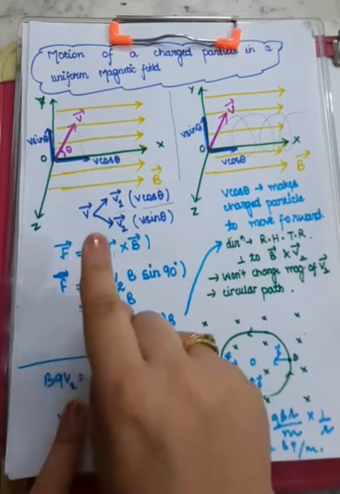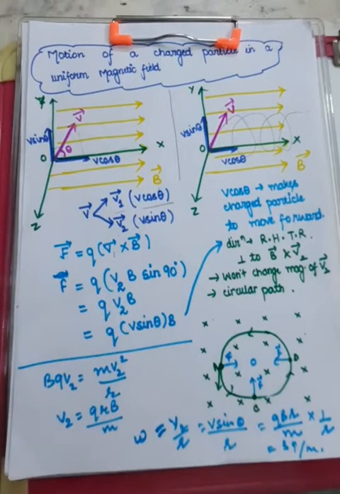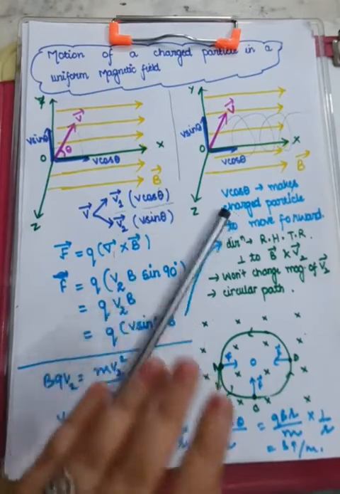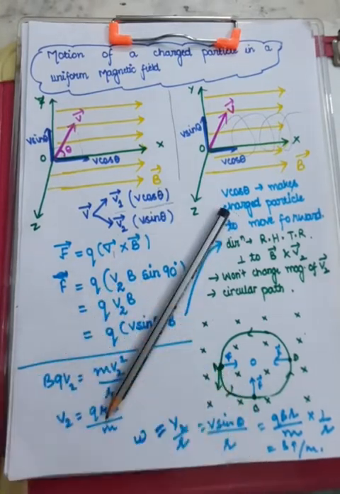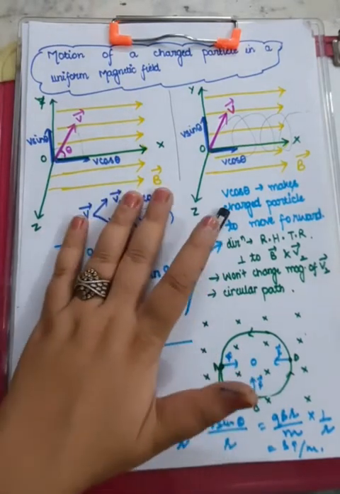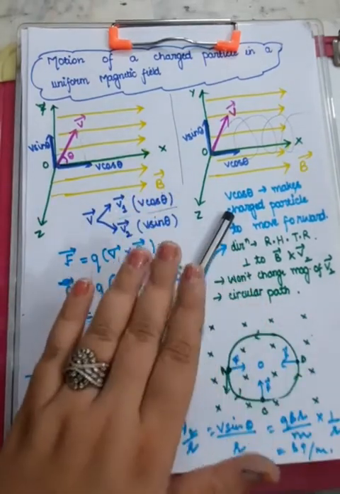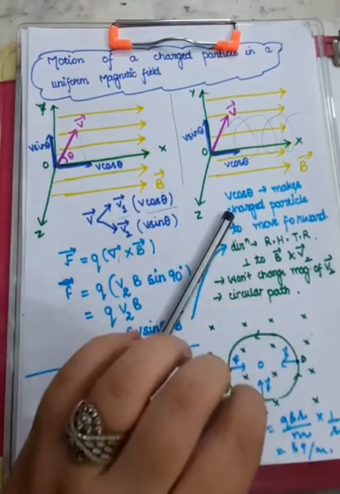So what have you got to know now? The particle entered the magnetic field with a velocity v vector. For the sake of simplicity, we resolved that vector into two components, one horizontal and the other vertical. The horizontal component, which was in the direction of B vector, does not experience any force due to B vector.